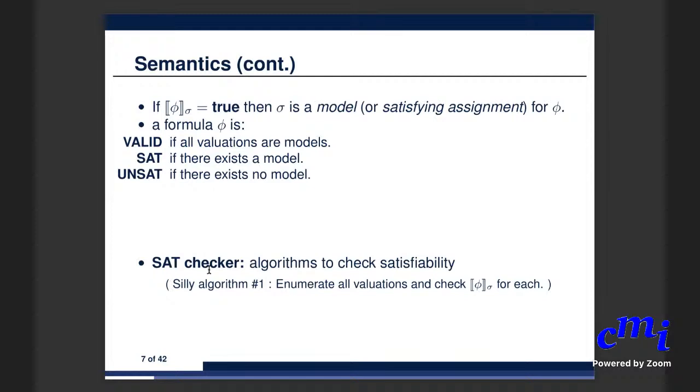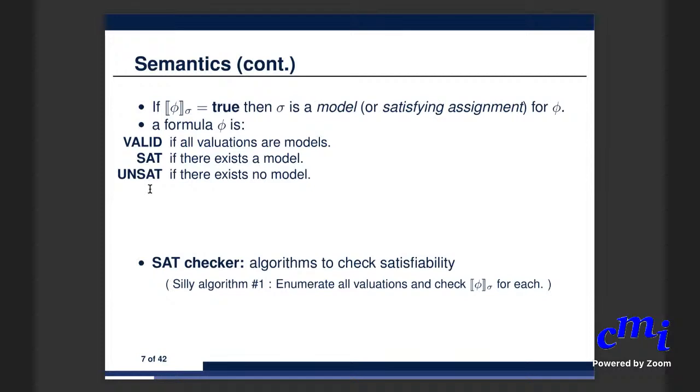Yeah, so what I call SAT checkers are algorithms to check satisfiability. Okay, so checking satisfiability means checking any one of these things for a formula. You can also observe that validity and unsatisfiability are complementary. So if a formula phi is valid, the negation of that formula is unsatisfiable.